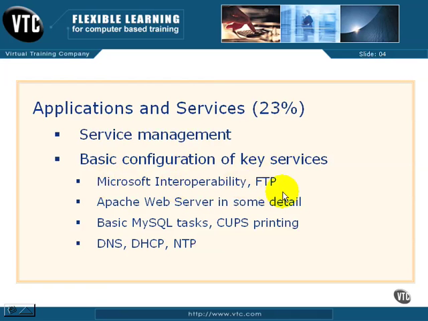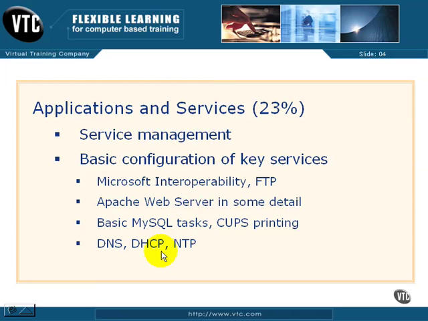There are basic file services using the FTP or file transfer protocol. It covers the Apache web server in some detail. You'll be a bit surprised when we go through it. It also addresses some basic MySQL tasks, as well as CUPS printing services.